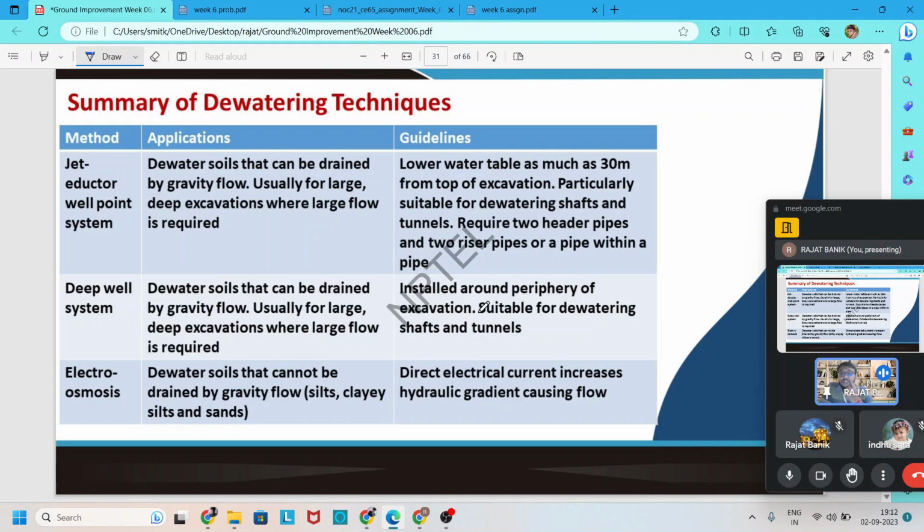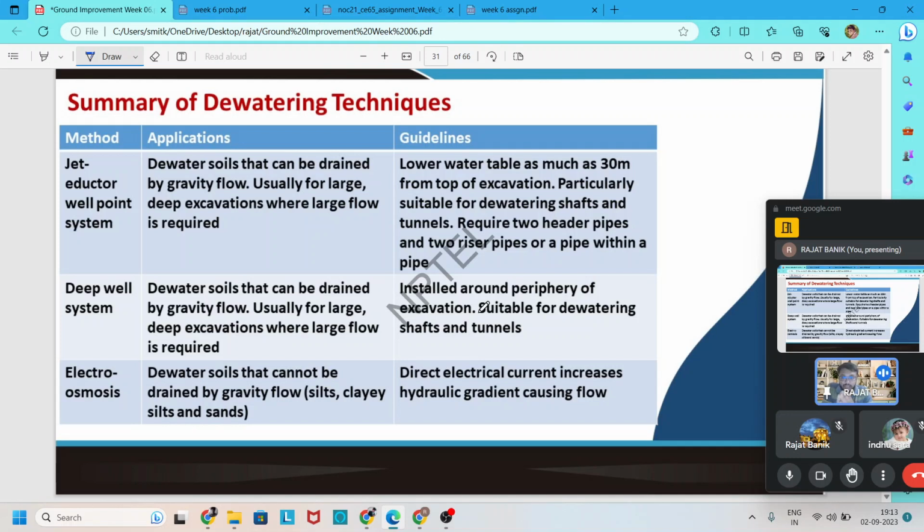In this technique, two header pipes and two riser pipes are arranged. Another one is the deep well system. This also lowers the water table to a large depth. In the deep well system, we dewater soil that can be drained by gravity flow.